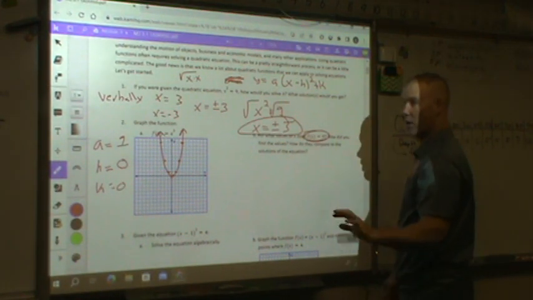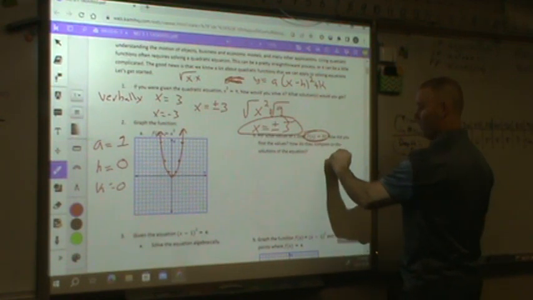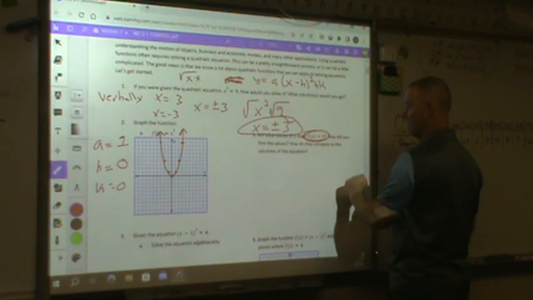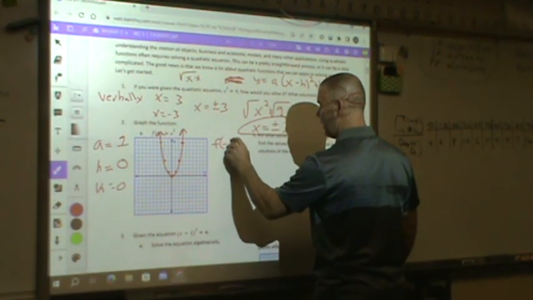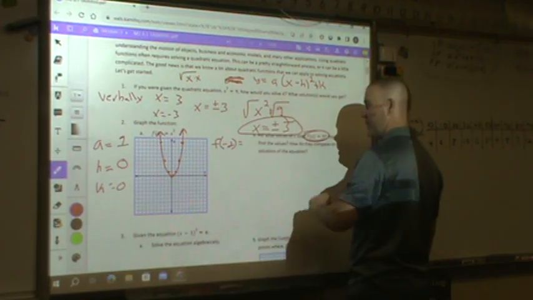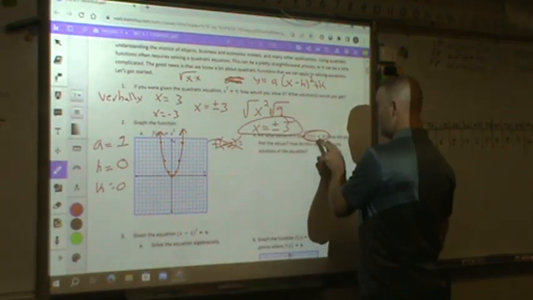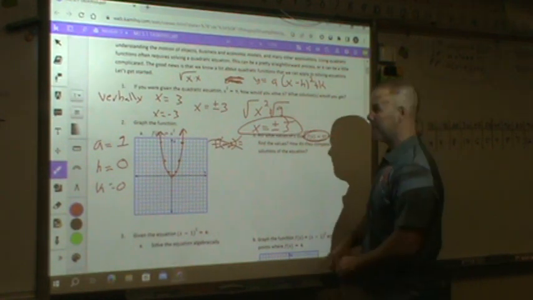For what values of x does f of x equal 9? This is where you have to pay attention. It's not saying input values equals 9, it's saying output values. Remember, we would see a table and we would say, what is f of negative 2? And we look at the table, we look where x is negative 2 and find the output. That's not this. This is saying what values of x make my output 9?